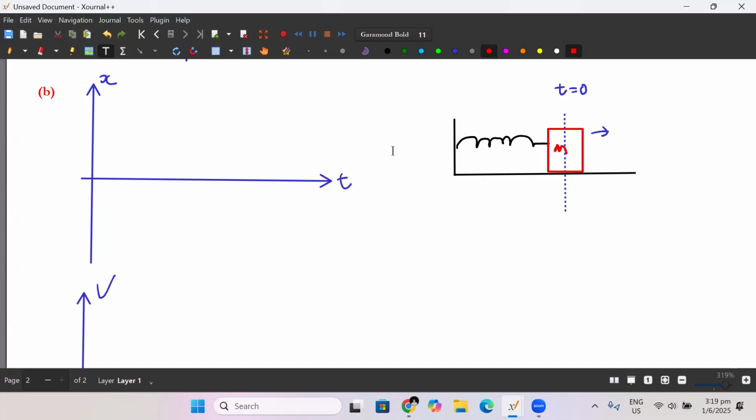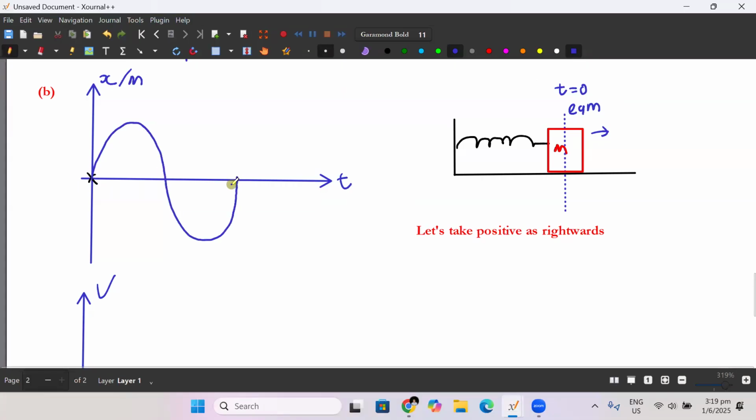But for my simple example here, let's take positive as rightwards. Then see at time zero, if it is already at the equilibrium position, then you must start here. The displacement is zero at time zero. So x is displacement. At time zero, if it's at the equilibrium position, you end up with a very nice sine graph. I think quite straightforward.